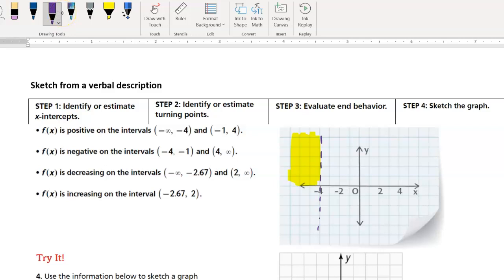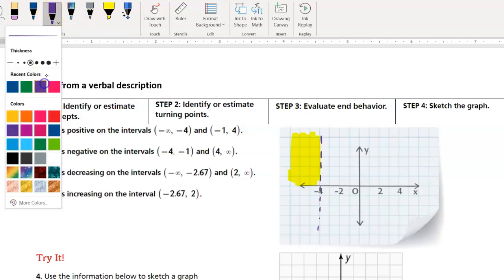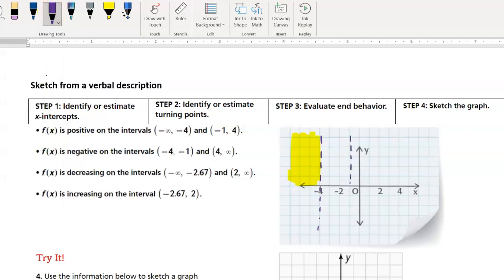And then from negative 1 to 4, it's also going to be positive. So I'm going to shade up here between negative 1 and 4. So I know the graph is going to be in those regions. That's where it's going to be positive.